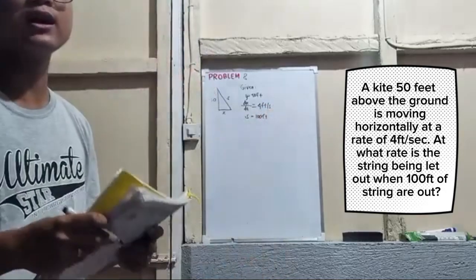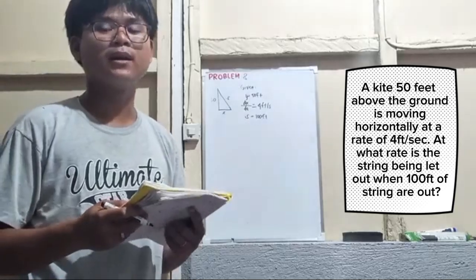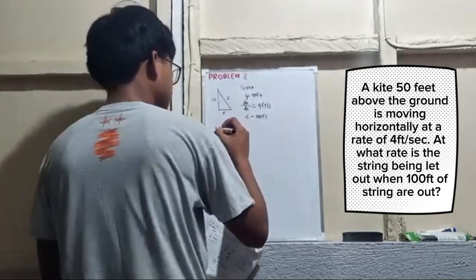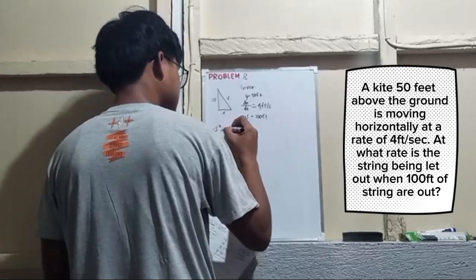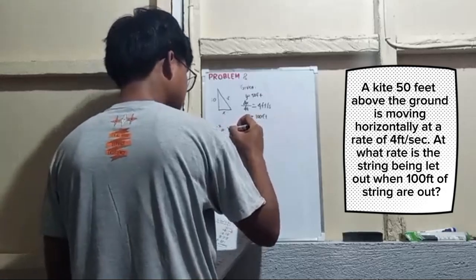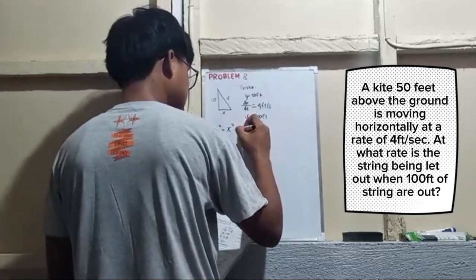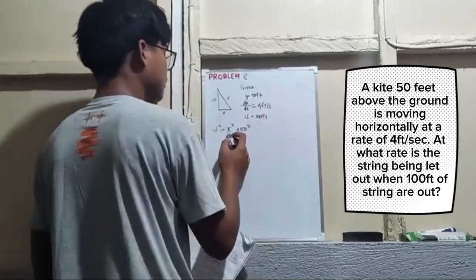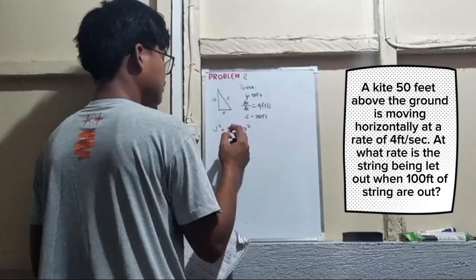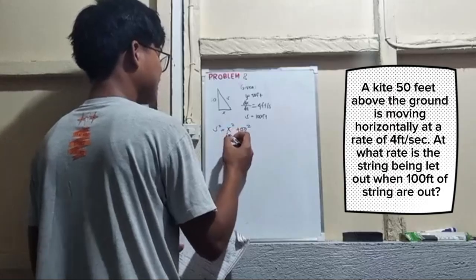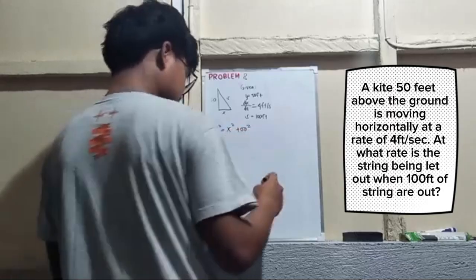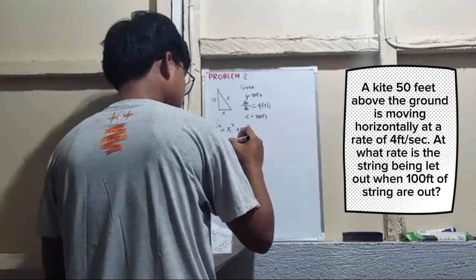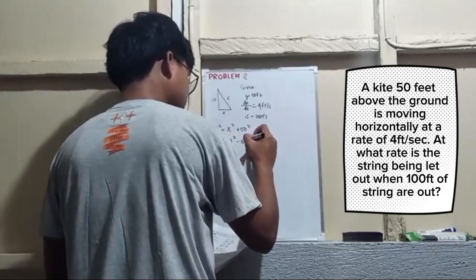Since it is a right triangle, we'll use the Pythagorean theorem. So we have the formula s squared is equal to x squared plus 50 squared. So we'll transpose so that we can find the value of x. So x squared is equal to s squared minus 50 squared.